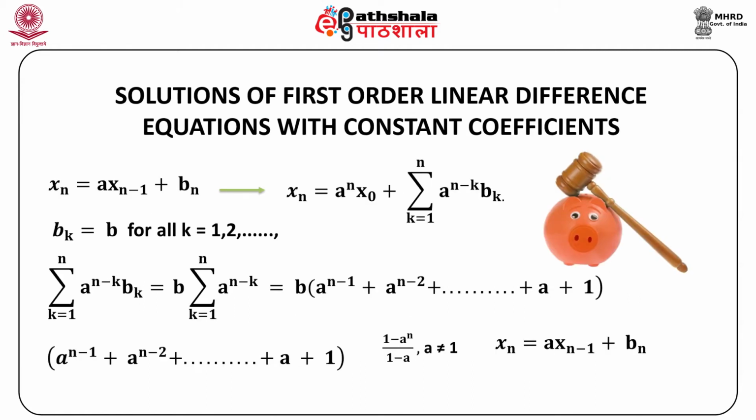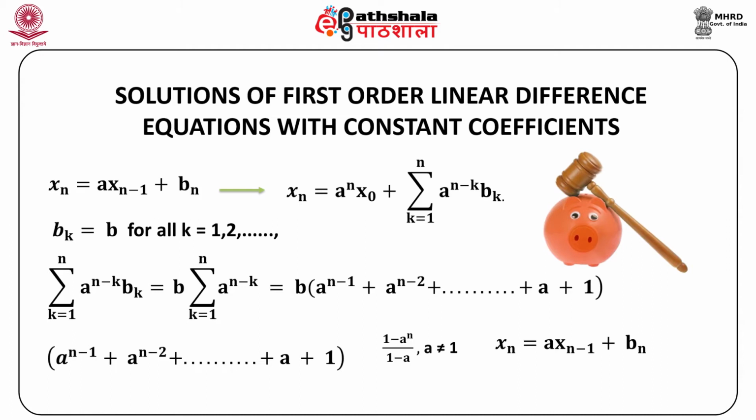Thus, in general, we can say that the difference equation x_n = a x_(n-1) + b_n has the solution x_n = a^n x_0 + summation from k = 1 to n of a^(n-k) b_k.